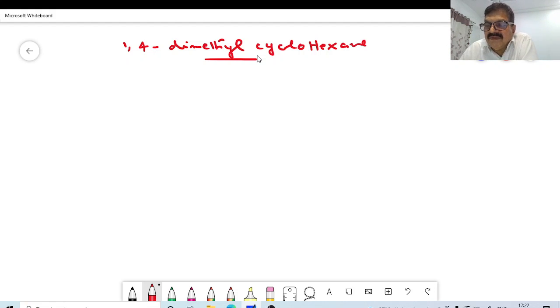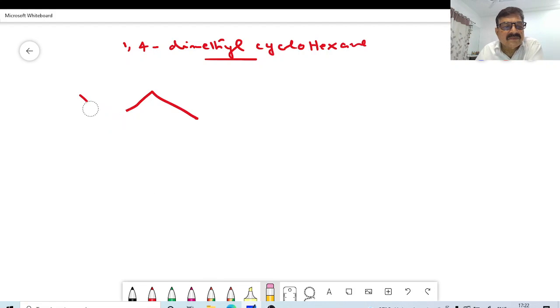Then there will be 1,3 diaxial interactions, all these kinds of things we can draw now. I will just show you how it is to be drawn. Now, the cis form and trans form of 1,4-dimethyl cyclohexane we will draw here. These interactions will be very interesting.